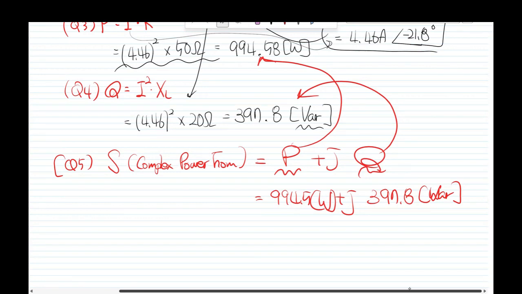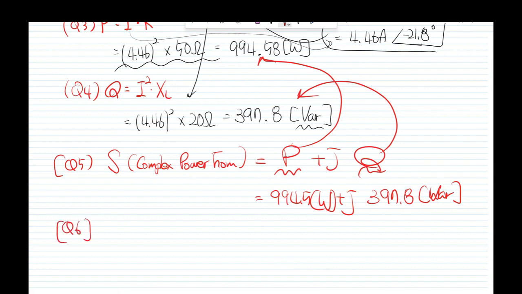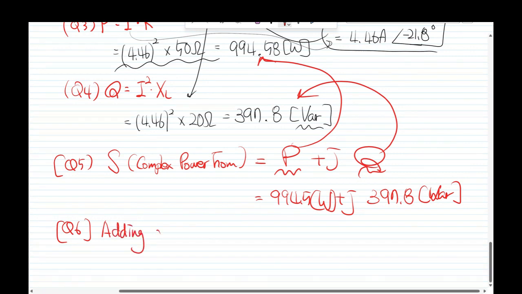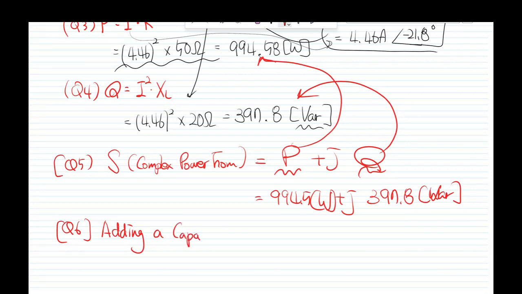Right, and question 6. What about adding a capacitor to cancel out the positive Q sub L?